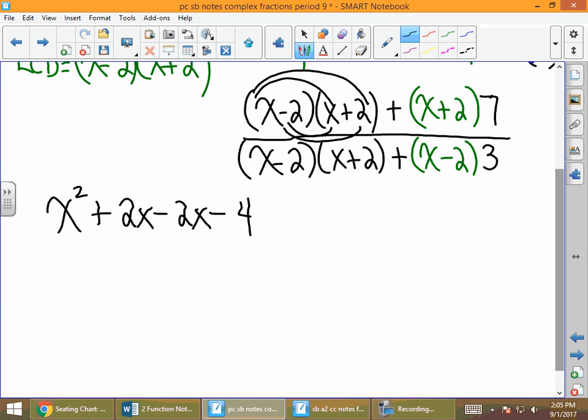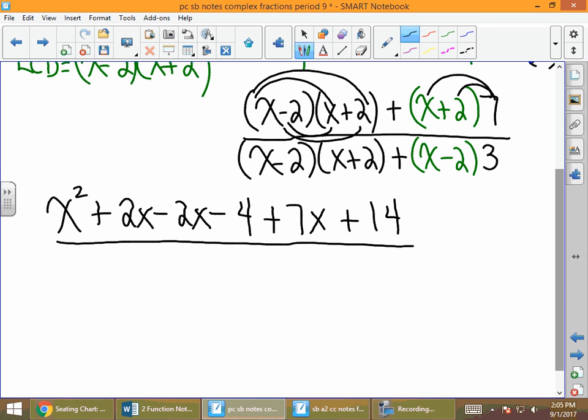In our next, distribute the 7, and we get plus 7x plus 14. And we did have the same exact thing on the top and in the bottom, but we're adding. That's the difference. If we're multiplying, we can cancel it out, but we're adding here, so we can't cancel it out. But if we FOIL in the denominator, we get x squared plus 2x minus 2x minus 4.